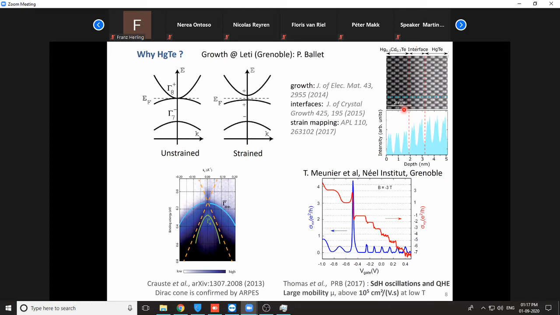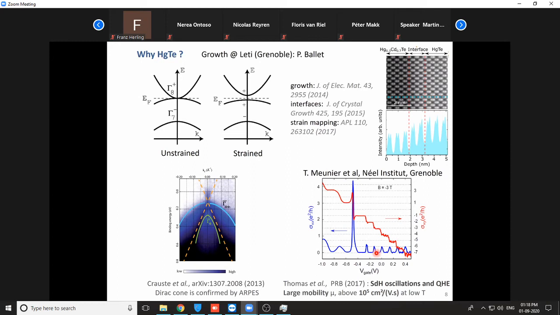So the growth is well mastered, and in the group of Tristan Meunier at Néel Institute, they study the quantum transport in this system, and they observe a very nice quantum Hall effect with very nice plateau in the transverse conductivity and really vanishing longitudinal conductivities.